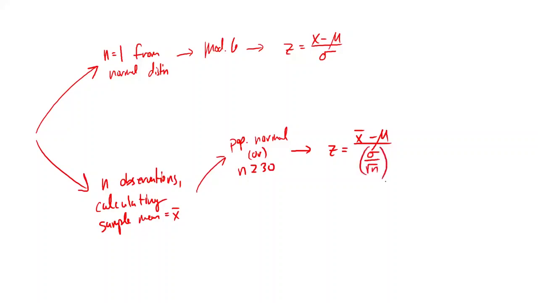You just have to make sure that you update your denominator because you average multiple observations. But if the population is non-normal and your n is less than 30, then the central limit theorem does not apply. You really can't do any of this stuff.